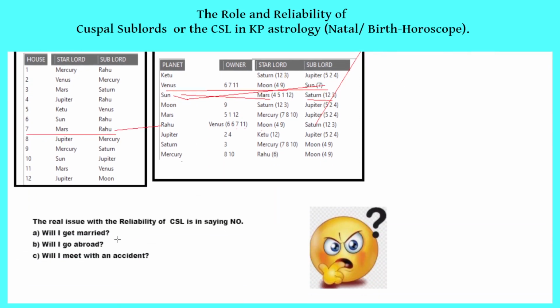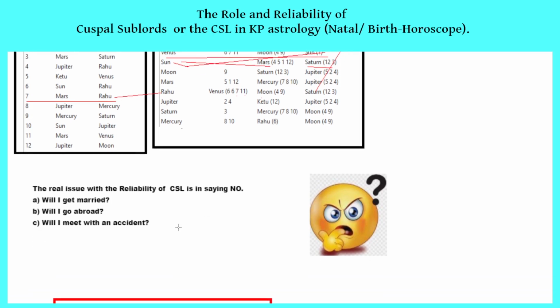So the real issue, let me again repeat, the real issue with the reliability of the Cuspal Sublord is in saying no. Will I get married? No, you will not. This is the real challenge. This is where the reliability of the Cuspal Sublord comes in. Will I go abroad? No, you can't. Will I meet with an accident? No, never.